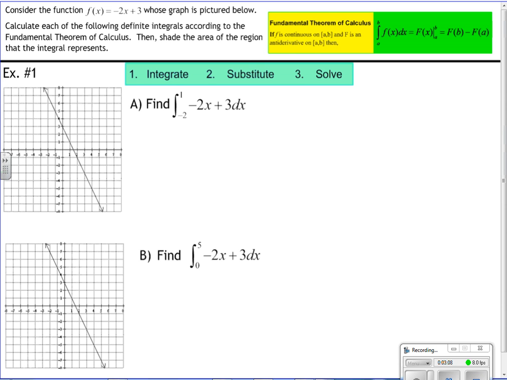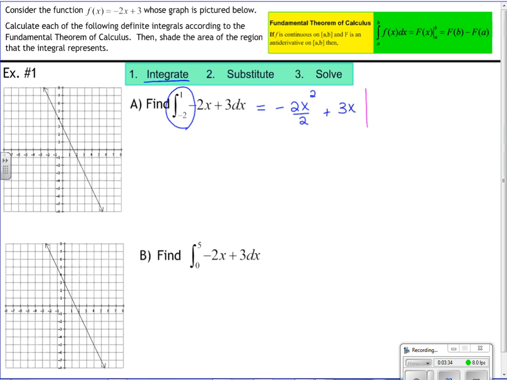First thing I'm going to do to my function is integrate it. And you know how to find integrals. We've worked with that. So we're going to take negative 2x and raise it a power. That gives us a power of 2 divided by 2, plus 3x. Now, instead of writing plus c, because we are not in an indefinite integral anymore, we are in a definite integral, we're going to write that evaluation sign.